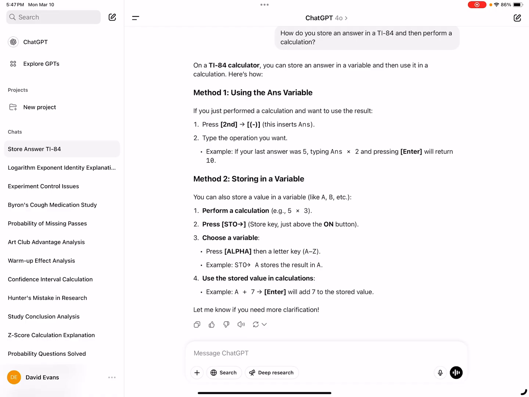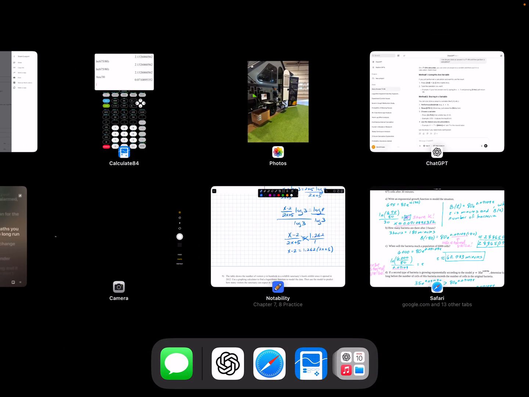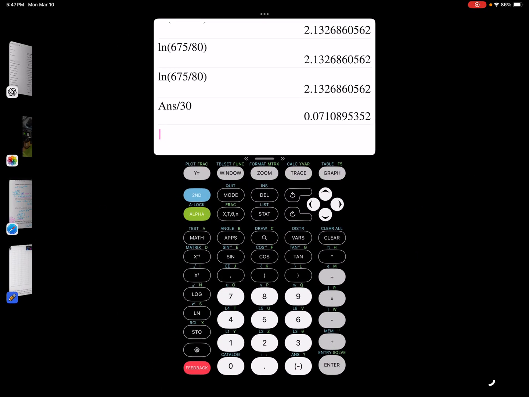And it'll store A. Alright, so let's see if we do that. Because I think there you do have to hit that store thing. Okay. Go second enter, second enter, second enter, enter. Then I go store and I go alpha A, whatever. Doesn't matter. Enter. Now I can use A in the equation.